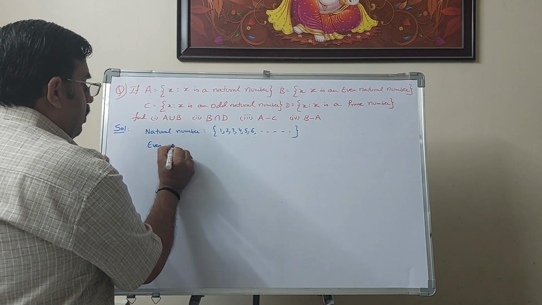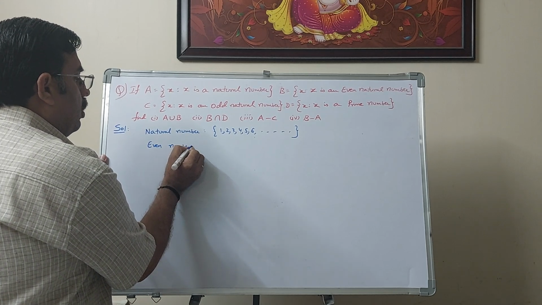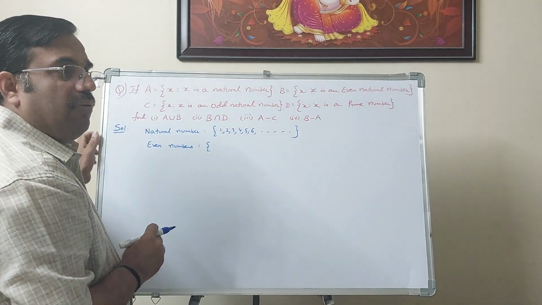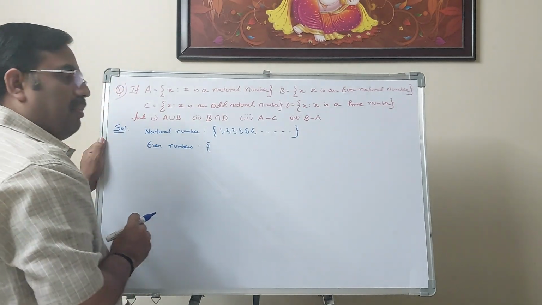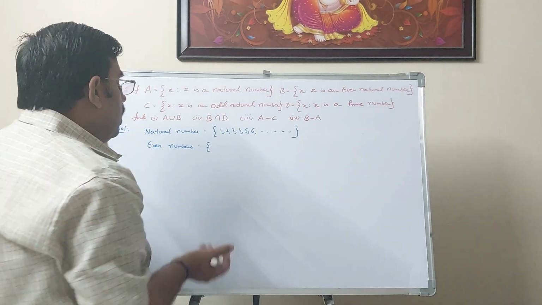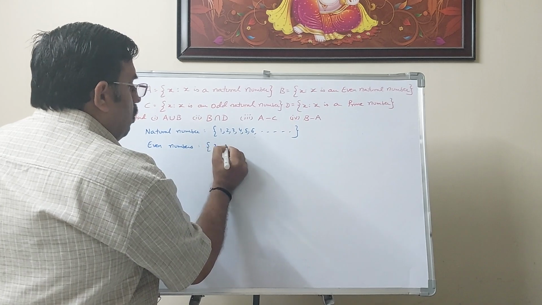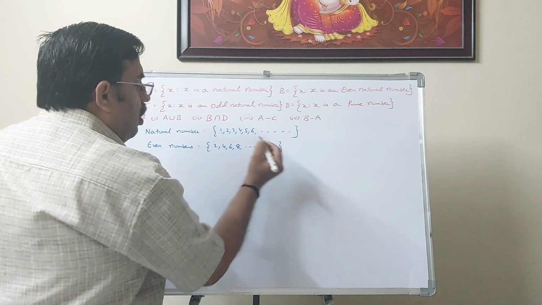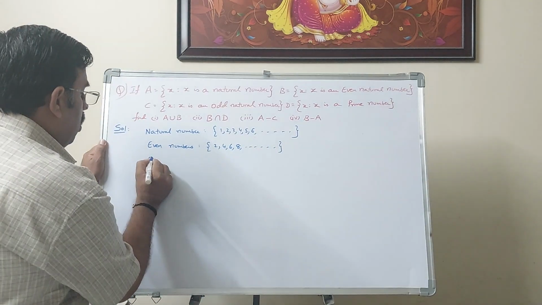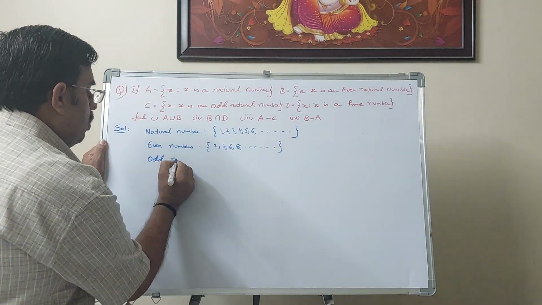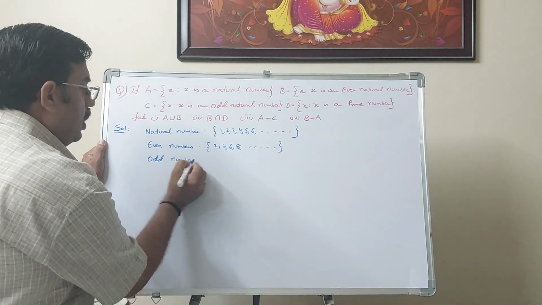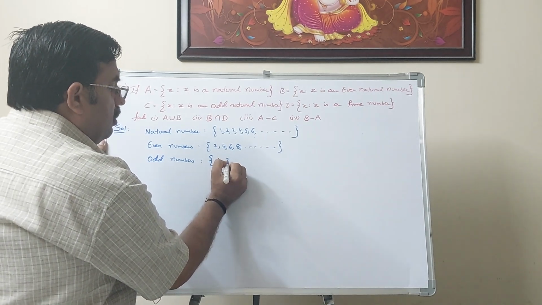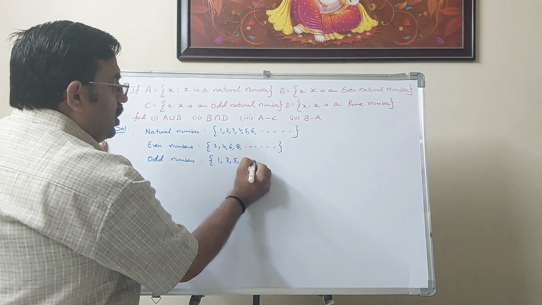Even numbers are the numbers which are divisible by 2, or the multiples of 2. So 2, 4, 6, 8, and so on are all even numbers. What are odd numbers? Numbers which are not divisible by 2, like this: 1, 3, 5, 7, and so on.